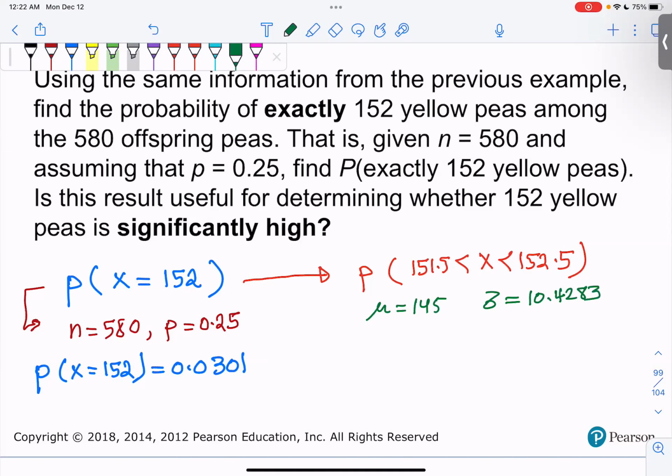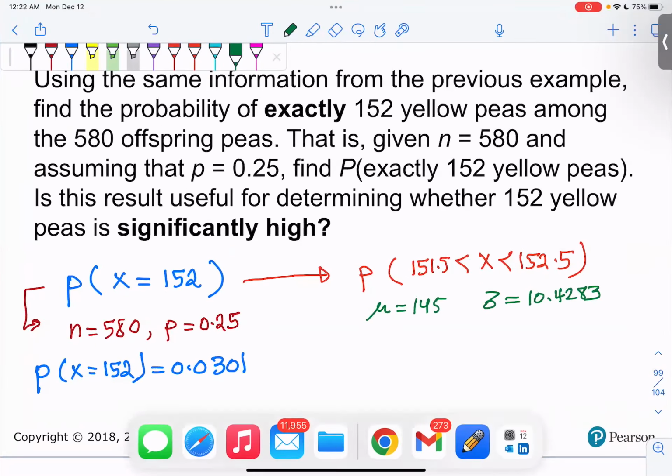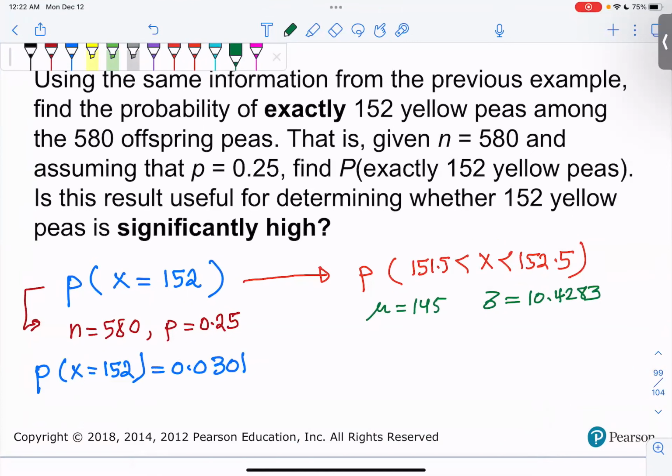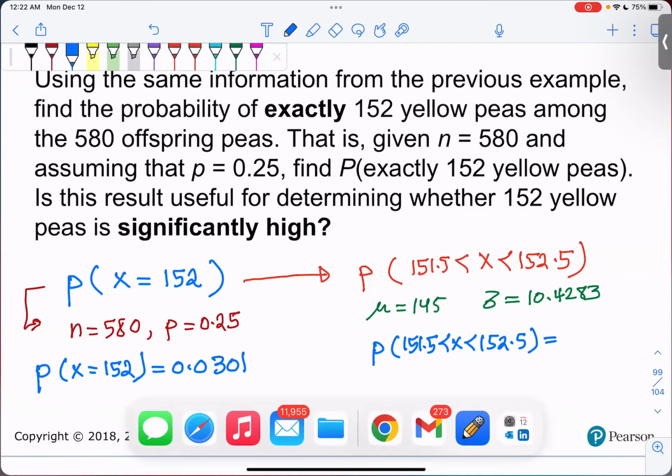So let's go to StatCrunch. So now we'll find this probability, right? So it will be the probability of x between 151.5 and 152.5.